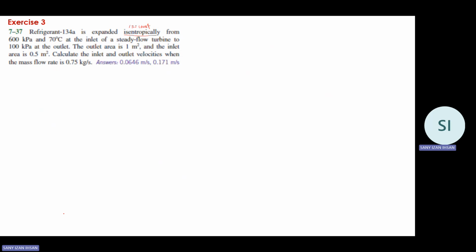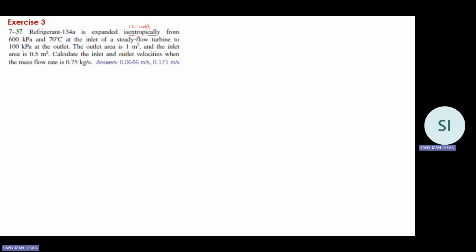Okay, from we have 600 kilopascal, 70 degrees Celsius at the inlet of a steady flow turbine.